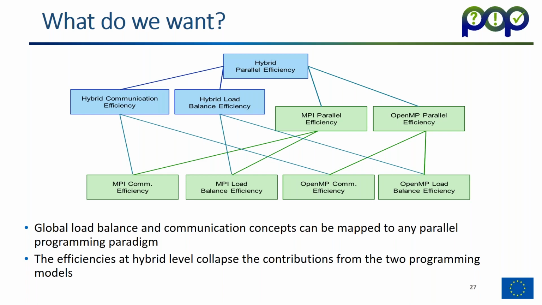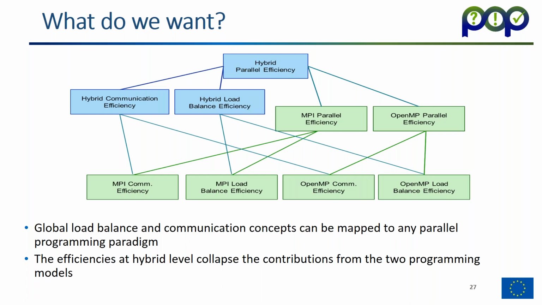The intermediate level basically is a way to go through the path. So I can first distinguish between the factors and then split the contribution of each programming model, or I can first look at the contribution of each programming model and then distinguish the contribution on each of the factors for each programming model.